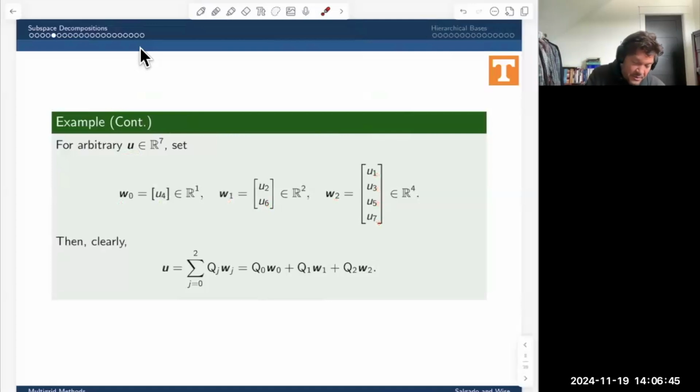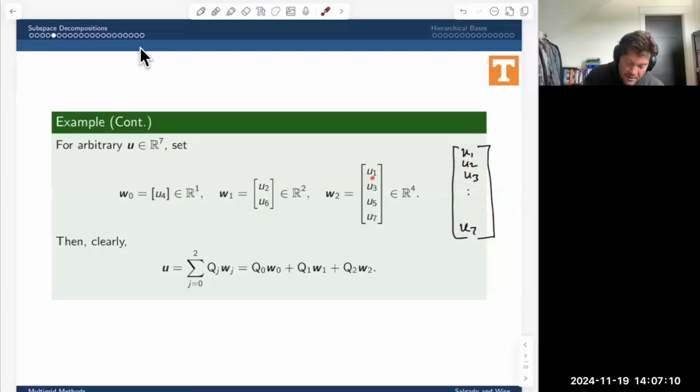So look, a typical U vector has all of those entries in it, U1, U2, U3, down to U7, all of them. And so this one, W0, gets the middle one. And then W1 gets 2 and 6. So this one and this one. And then I've gobbled up all of the even entries now.